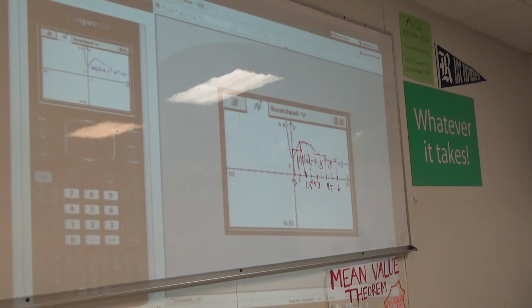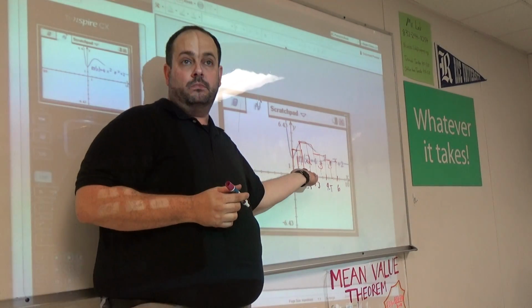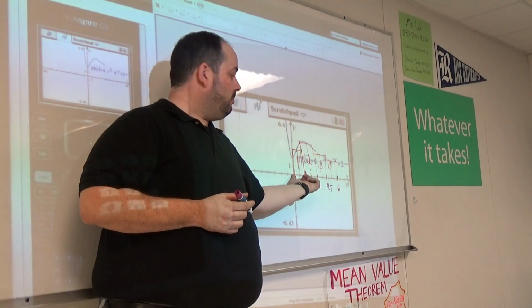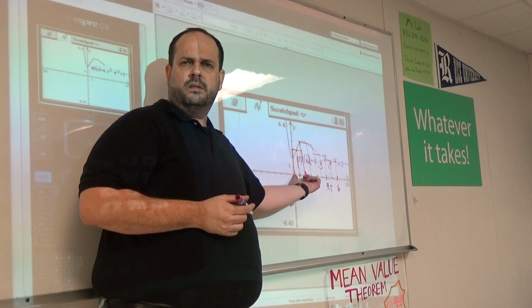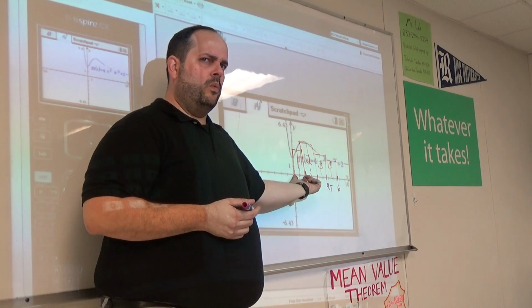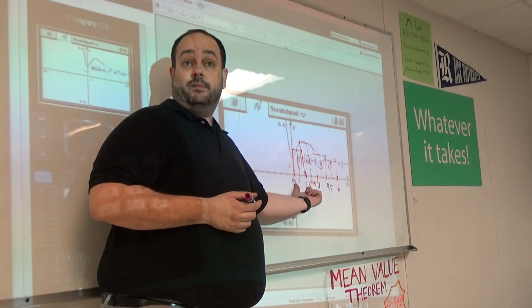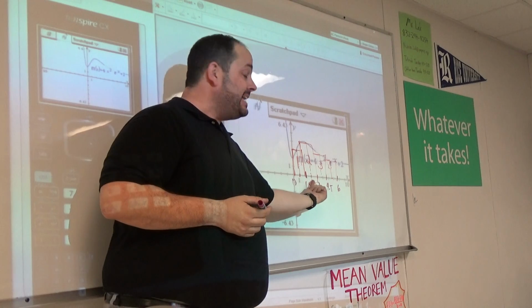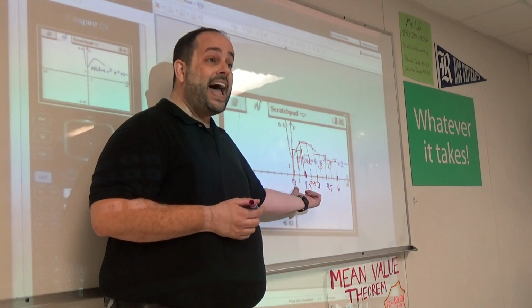I know I'm going a little fast, but I think you guys are going to be okay. If I look at this first rectangle, my question is, how wide is this first rectangle? 1.5. No, 0.75. How wide is the rectangle? The rectangle has to go from 0 all the way to 1.5, so the width is 1.5. How tall?